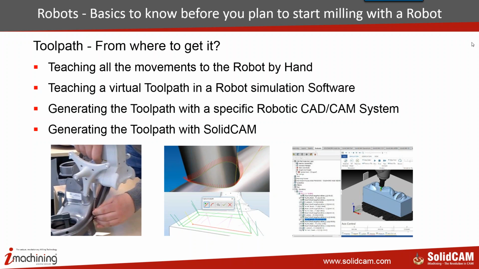What you see in the middle of the picture is the case where you import data to your simulation software, select elements, and apply a vector for the tool and move along. Or you have a specific robot CAD/CAM system, and then you can do everything there. Or what I'm going to show today is generating the toolpath with SolidCAM and using it on the robot.